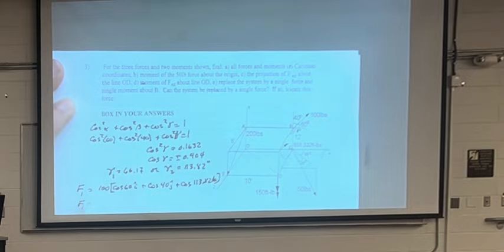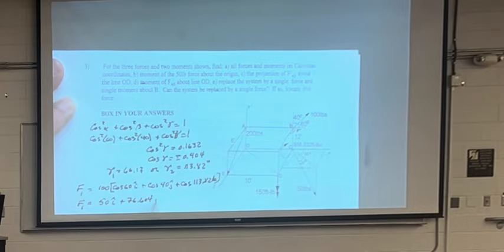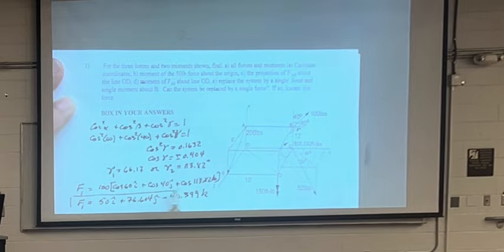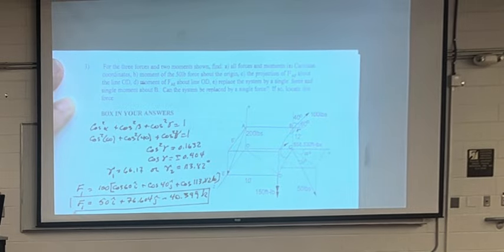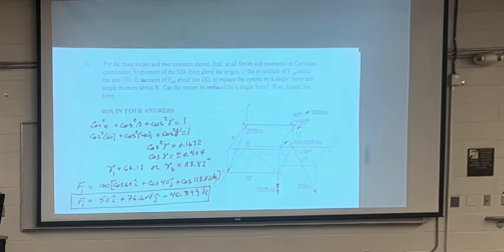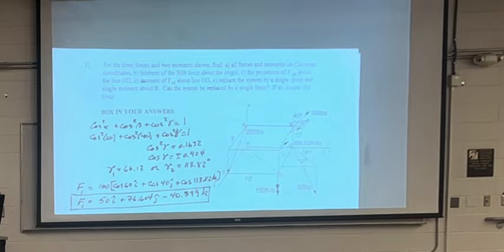So F1 is 50i plus 76.604j. I try to keep 3 decimals. You should too. Minus 40.399k. There's the first force in IJK format.